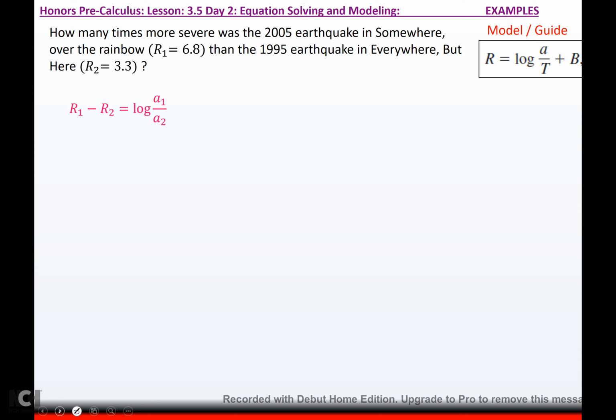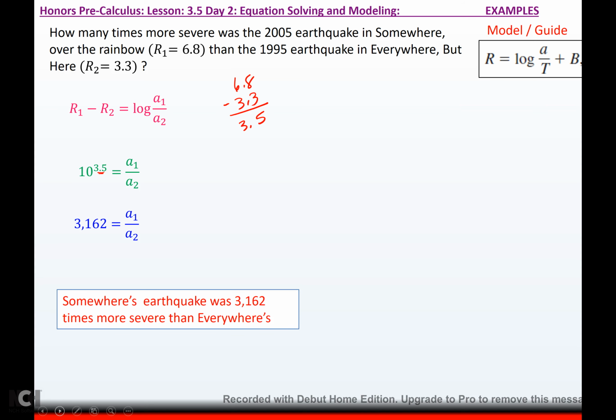We're going to subtract 6.8 minus 3.3, and that's going to give me 3.5. So I have 10 to the 3.5, and that is approximately 3,162. So somewhere's earthquake was 3,162 times more severe than everywhere's.